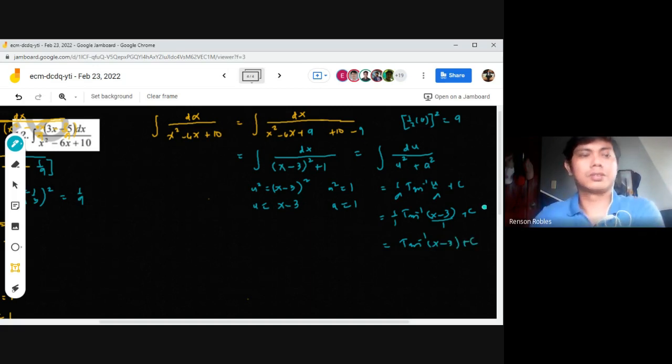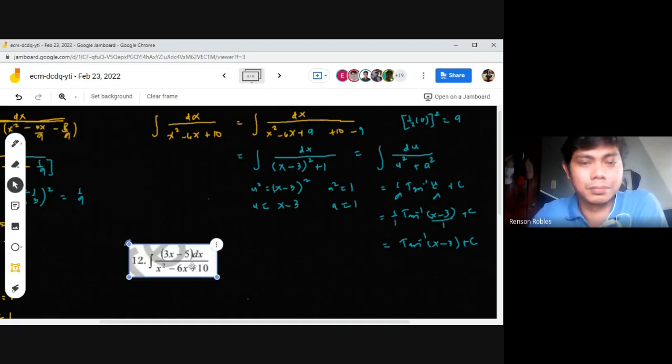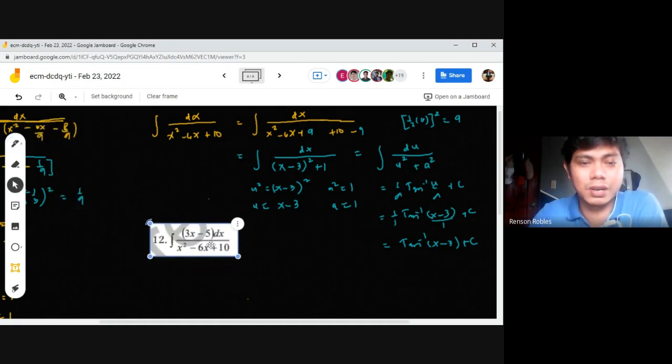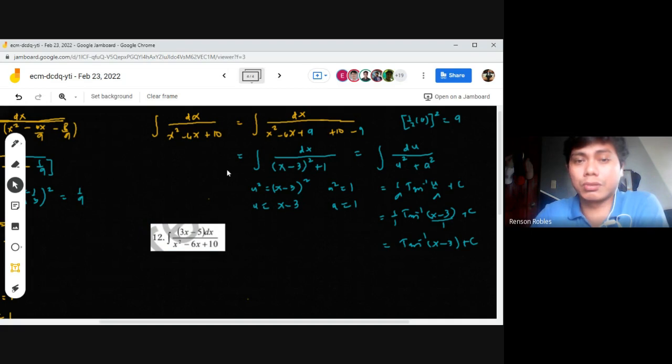Alright? So then you take a look at this item. The difference is what? There is 3x minus 5 on top. And how are you going to include that in the solution? Take a look at the board. Listen very carefully. This is a new technique, different from what I have taught you using the previous examples.